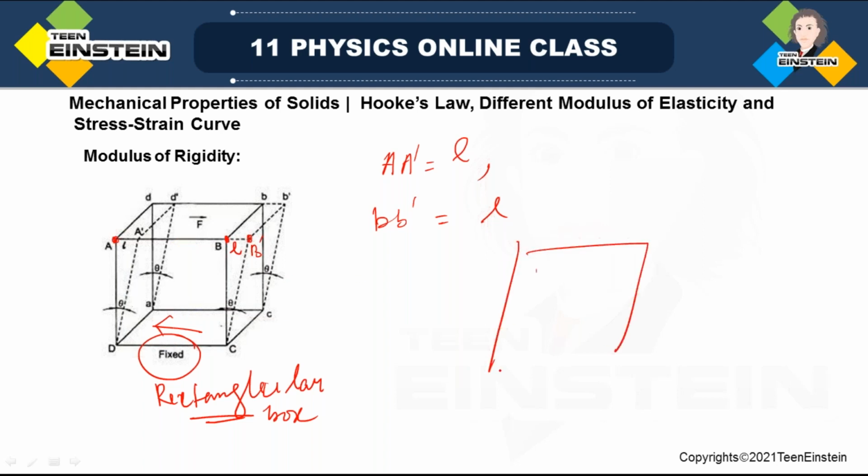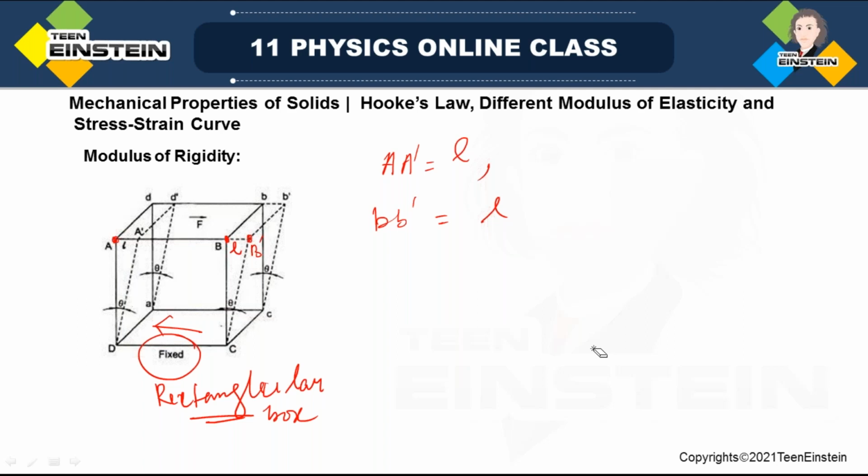So look, there is a surface like this, so there will be an applied force in this way, and there will be another force arising at the bottom face, which is fixed to the ground, so that will not get displaced, but the other one gets displaced, and because of that there will be shearing strain or twisting strain.